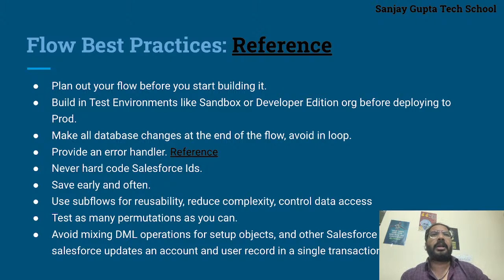Then next is build and test in an environment like a sandbox or developer edition org before deploying to prod. Prod means production environment. Right now we are using a developer edition org, which is a free org available for testing purposes so that we can learn Salesforce. But whenever you work on a project, clients won't use developer edition org, they use other editions which are paid ones, and through those editions they can create sandboxes.